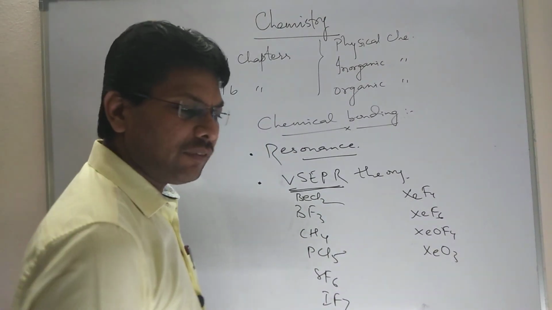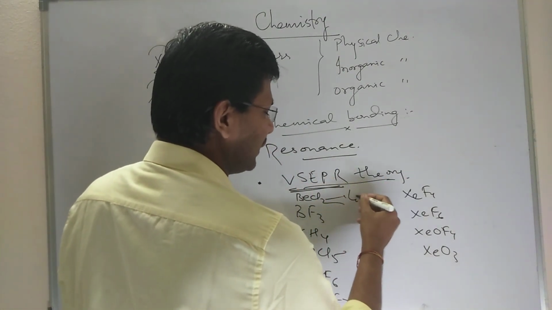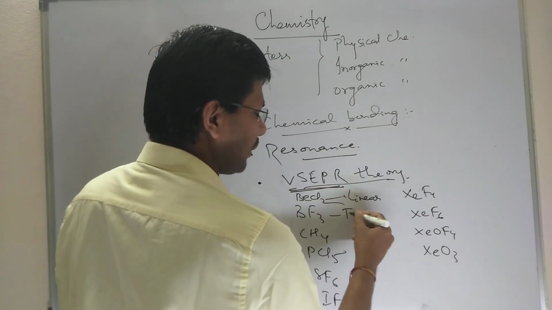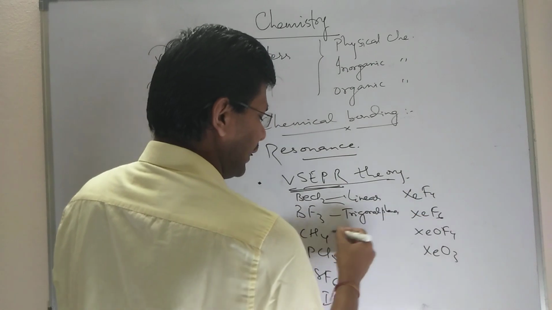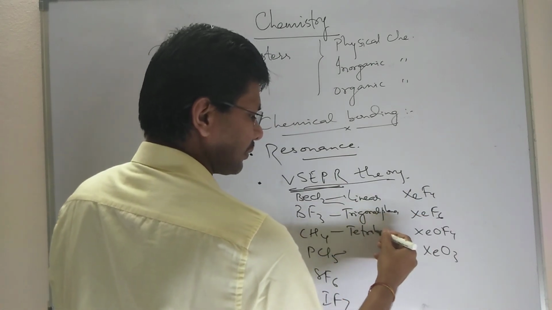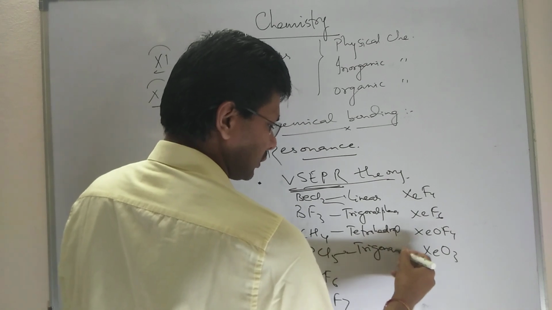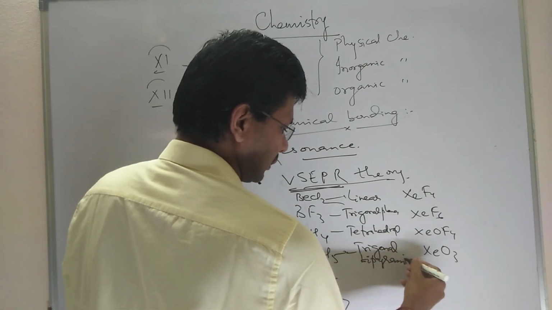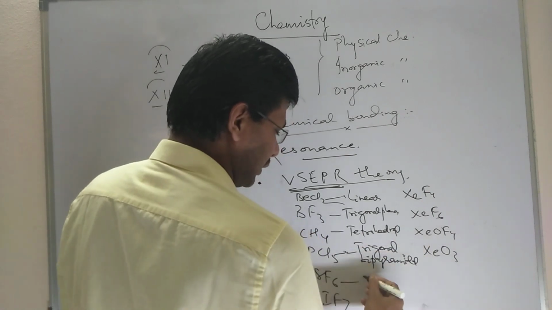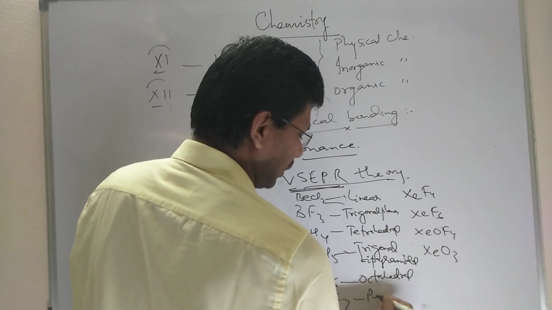So on the basis of VSEPR theory, if we try to predict the shape of the molecule, it is linear, it is trigonal planar, it is tetrahedral, it is trigonal bipyramidal, it is octahedral, and it is pentagonal bipyramidal.